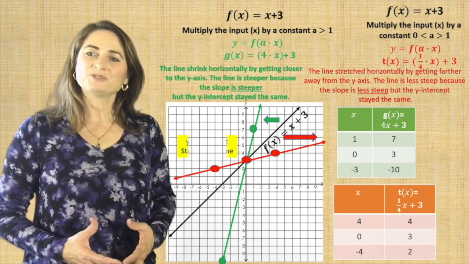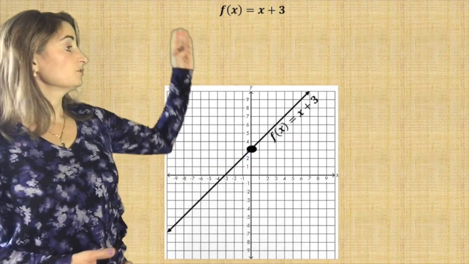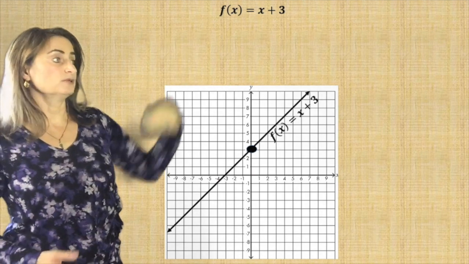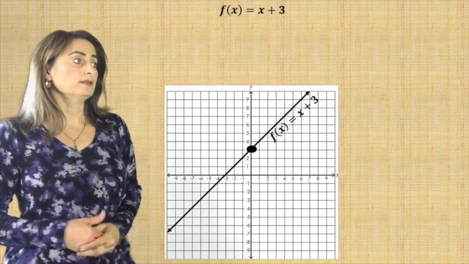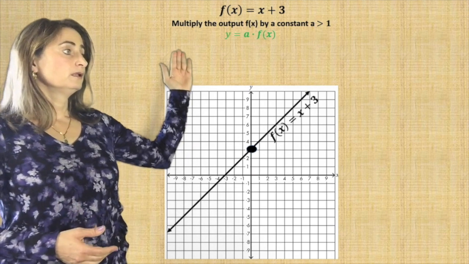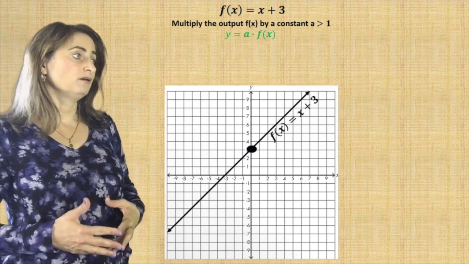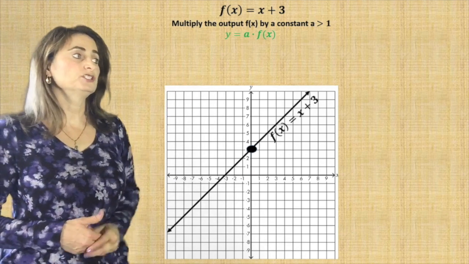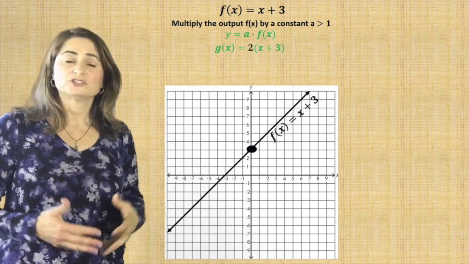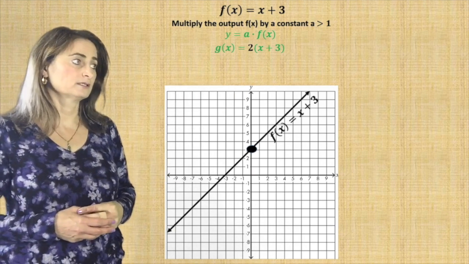Now let's try and multiply the output by a number more than 1. So if the original equation is f of x equals x plus 3, multiply the output, which is f of x, by a constant more than 1. y equals a times f of x. A is the factor that I'm multiplying the whole equation by. You end up with g of x, the new function after transformation, 2 times the whole f of x.